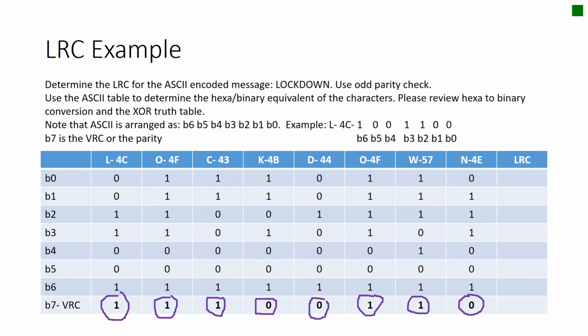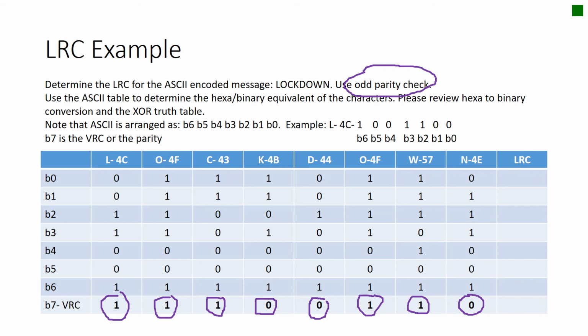Now, this time, the instruction is we need to use odd parity check to determine LRC. And LRC is added at the end of the message. That is why the LRC is on the rightmost column. Okay?